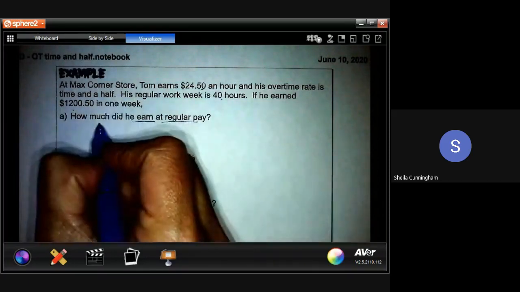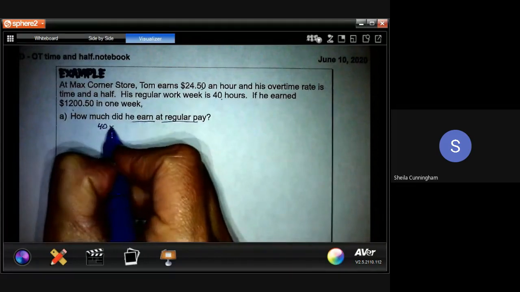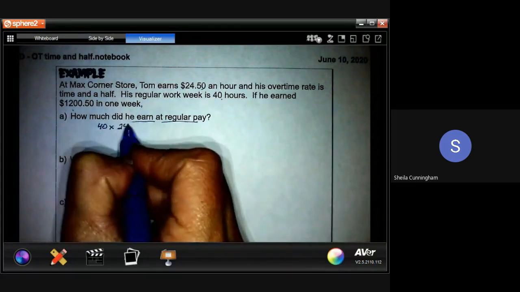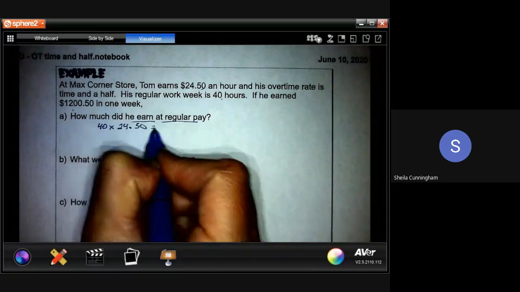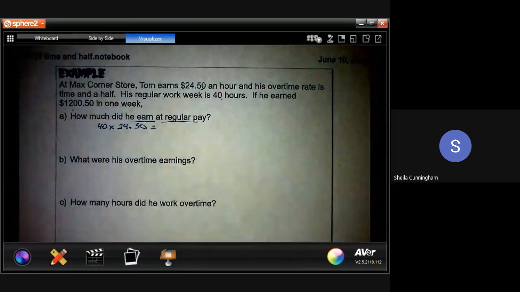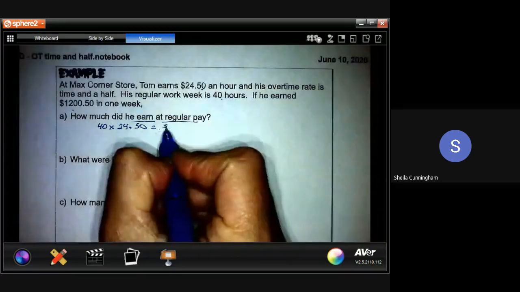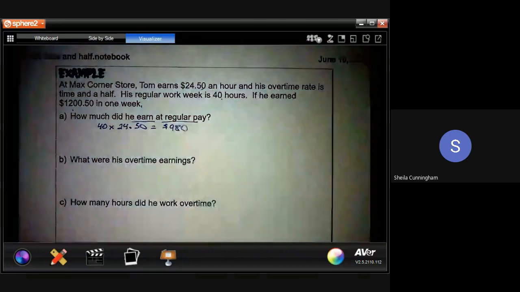Well, regular pay would mean that he'd be working those 40 hours at his regular rate, which is $24.50. So if I do that, $24.50 times 40 gives me, at regular rate, he's only making $980.